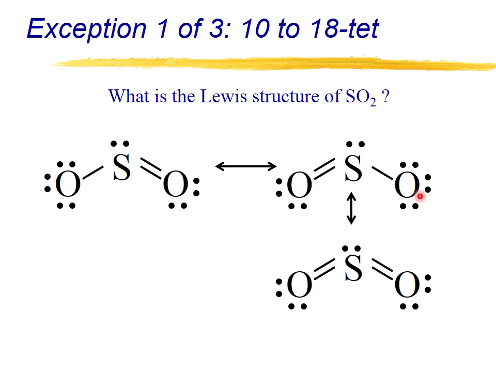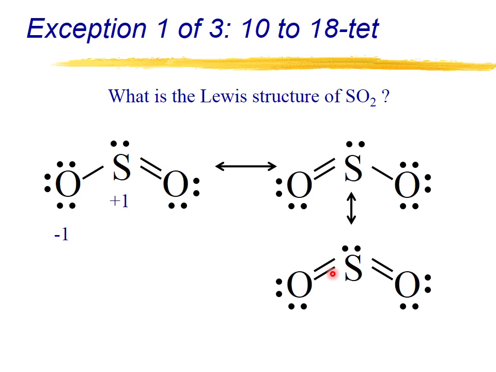If you made both bonds double, then you completely eliminate all of the formal charges. Just to review, in this structure the sulfur has a +1 formal charge, the singly bound oxygen has a -1 formal charge, and the doubly bound oxygen has a formal charge of 0.